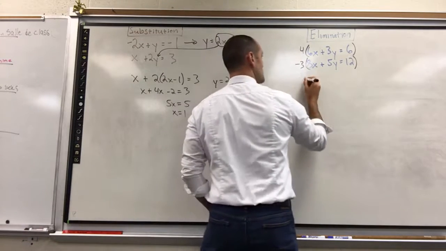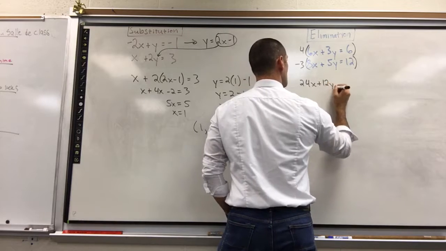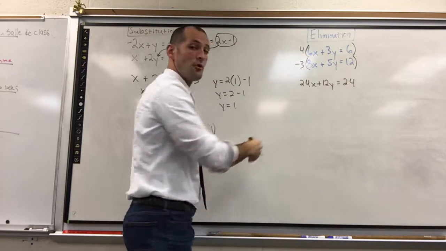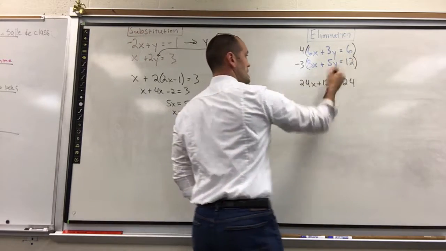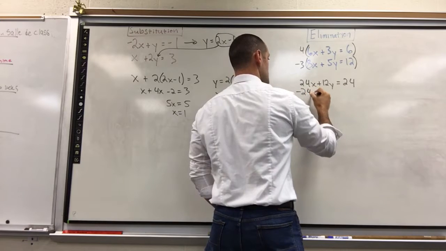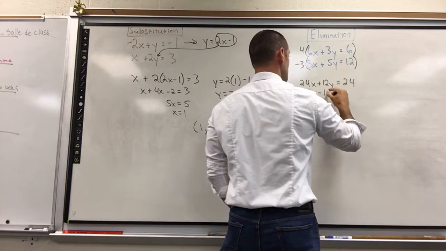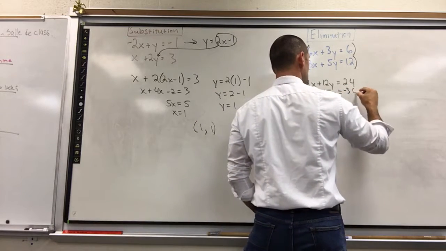So my first equation will now become 24x plus 12y equals 24. Notice I distributed the 4 to everything. That's very important. Second equation, I get a negative 24x. Hey, that's what I wanted. Minus 15y equals negative 36.